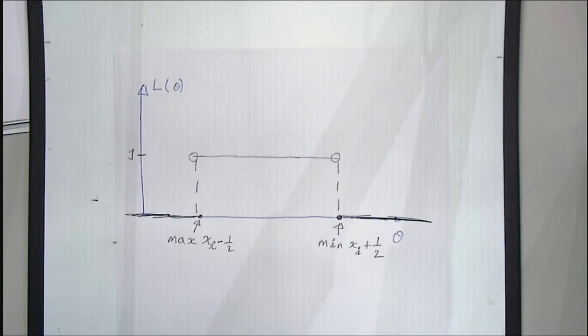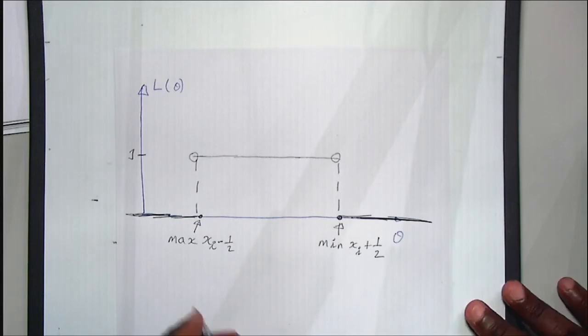Now, let's answer this question. Where is the largest value of this graph? Or what's the largest point of this graph? Any point between the 2 points, right? Any points between these two gives the largest point of the graph, all right?